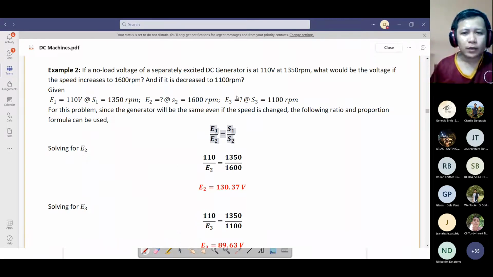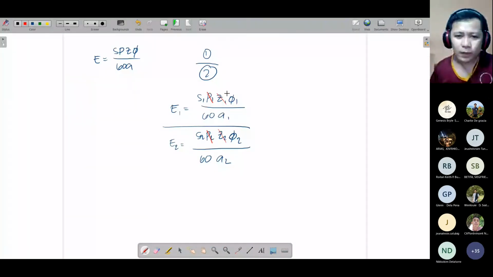For this one, there is no statement that the flux was changed, and there is nothing whatsoever that we can determine that the flux will be changed, because we only have the given voltage and speed. So therefore, we can assume for this one that flux is also constant.